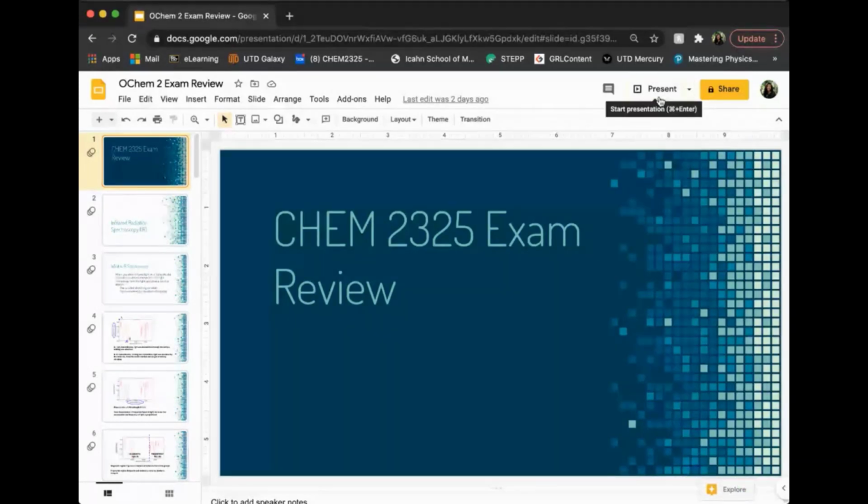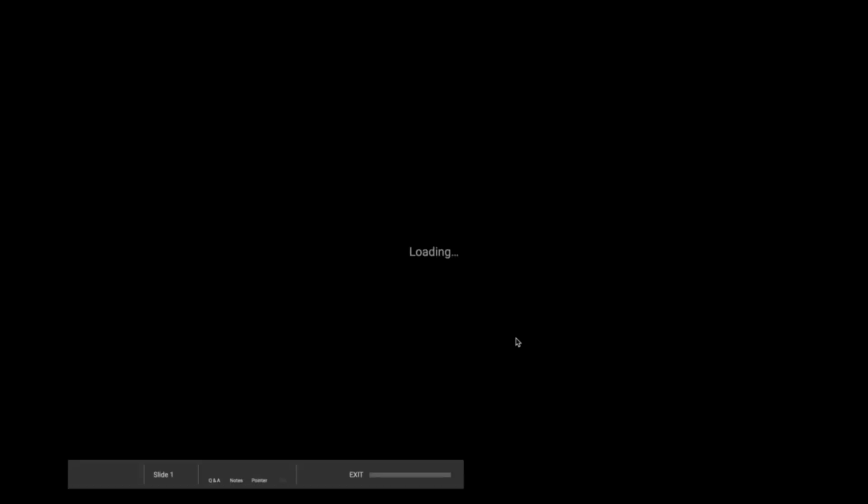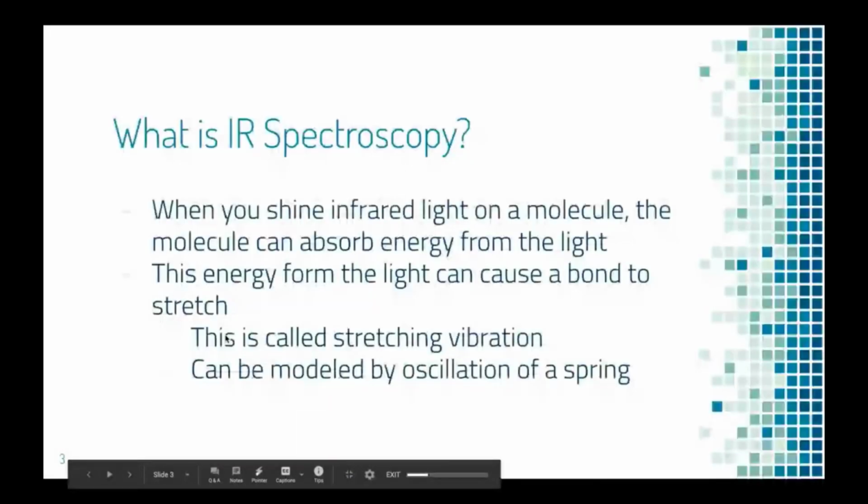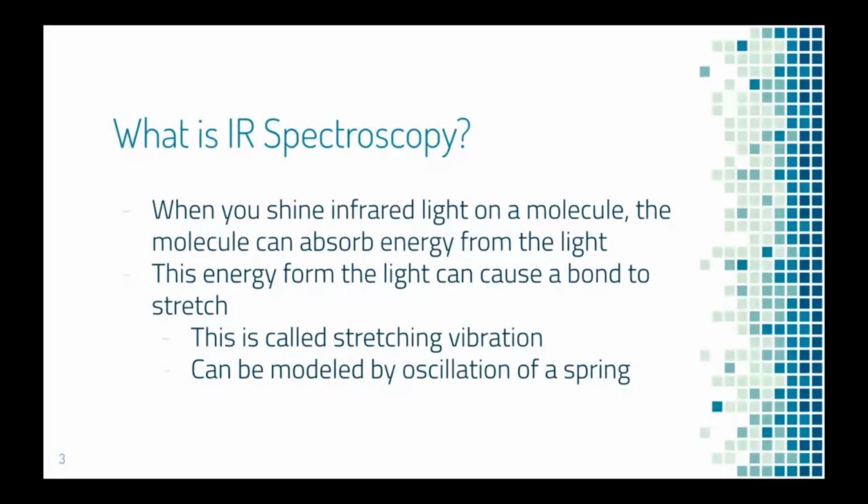Okay, so first off, we are going to go over IR. Just in a broad overview, what is IR spectroscopy? When you shine infrared light on a molecule, the molecule can absorb energy from the light, and this energy causes the bond to stretch.